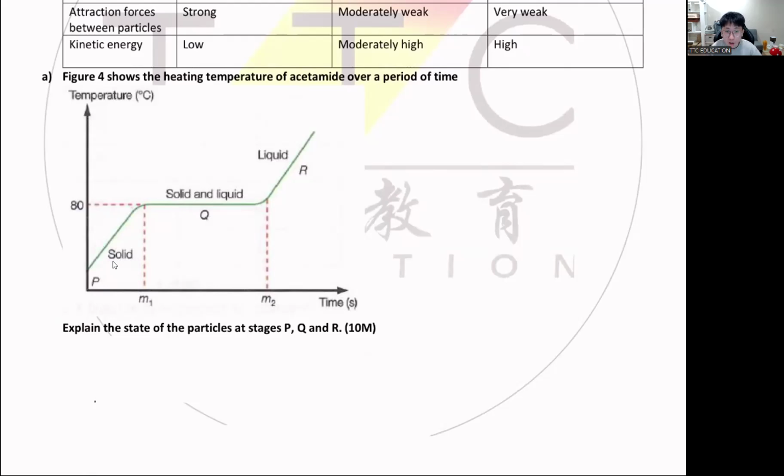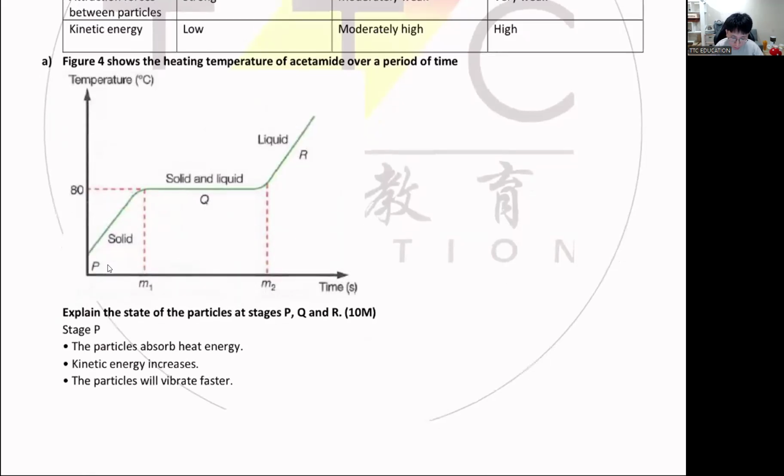Because, of course, it hasn't hit the melting point. So if it's solid, what is the arrangement? What's the kinetic energy? What's the attraction? What's the movement? All these things. So you can say, from here, you see stage P, particles absorb heat energy, kinetic energy increases, they vibrate faster. You see the word I use here? Vibrate. Why? It's a solid. It's not moving.